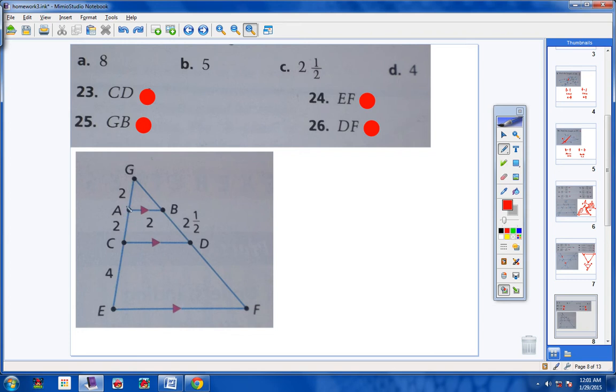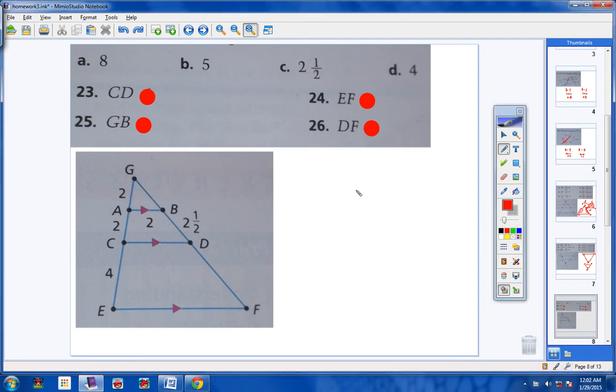So this is the midpoint of this side. Also notice, from here to here is 4, and from here to here is 4. So this is the midpoint of this entire side. Please keep that in mind as we do these problems.